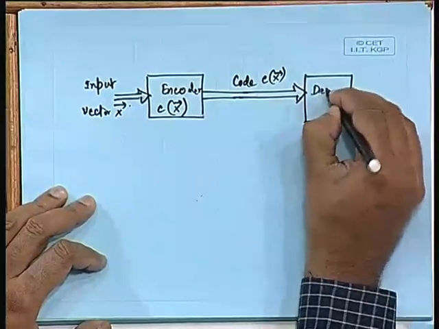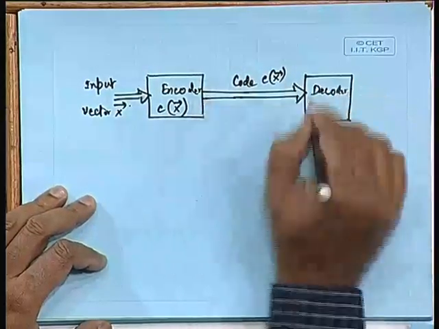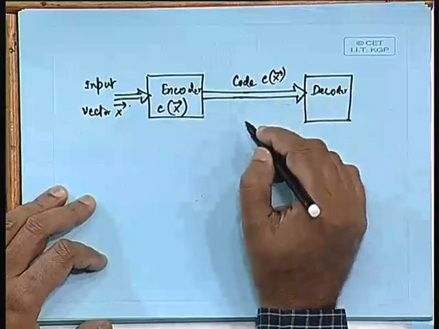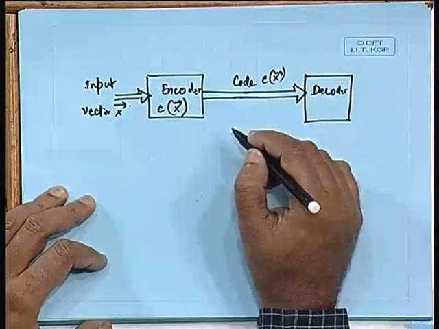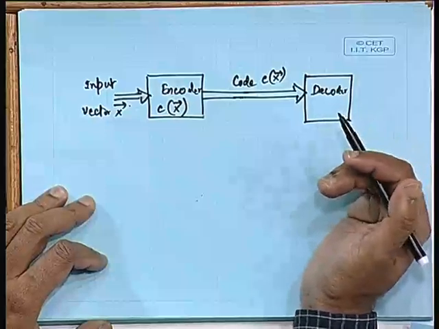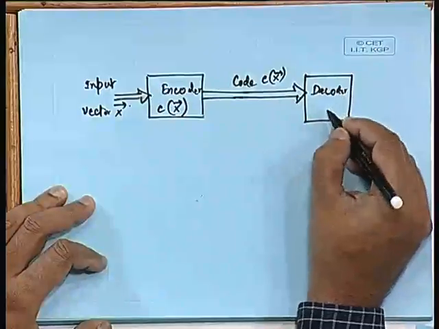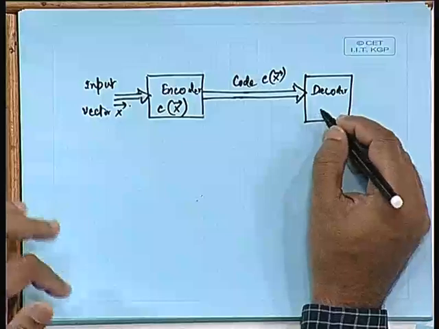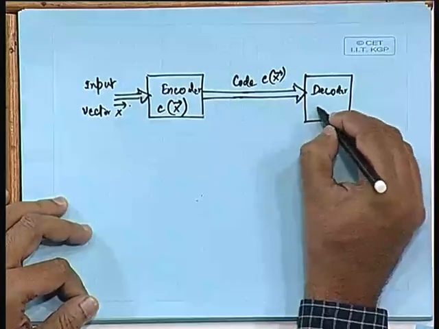Now, I am not modeling any channel noise. Actually, in communication, after the encoder, the code is put into the communication channel, and the channel can have some noise in it. But for the time being we are assuming a noise free model.